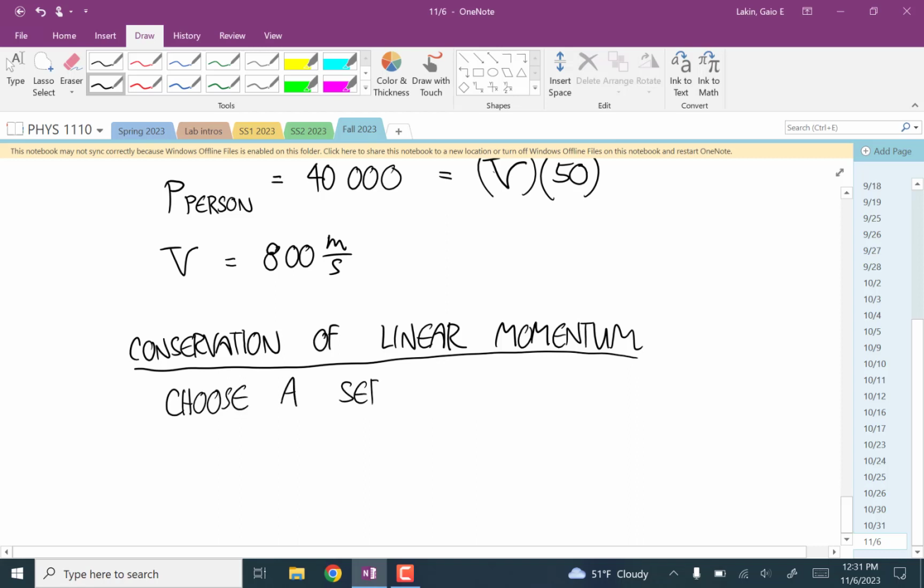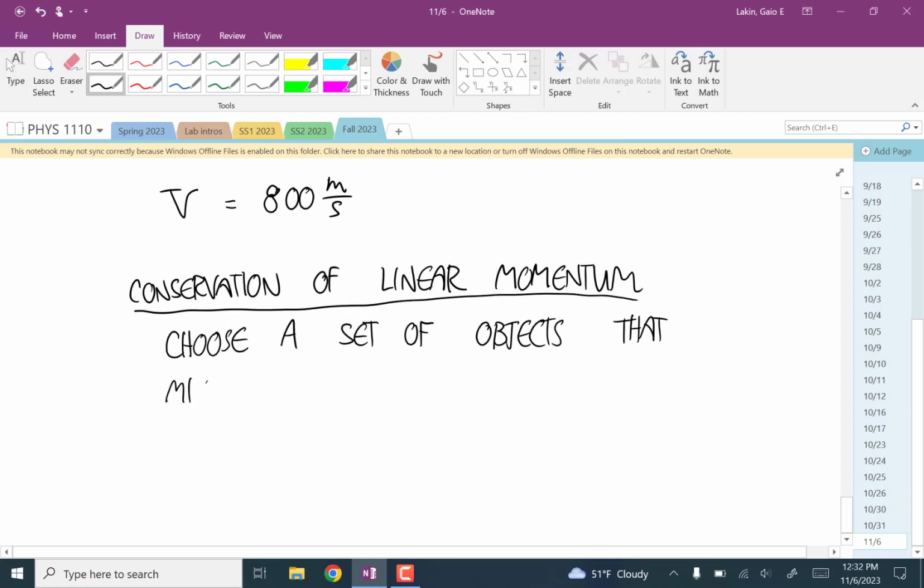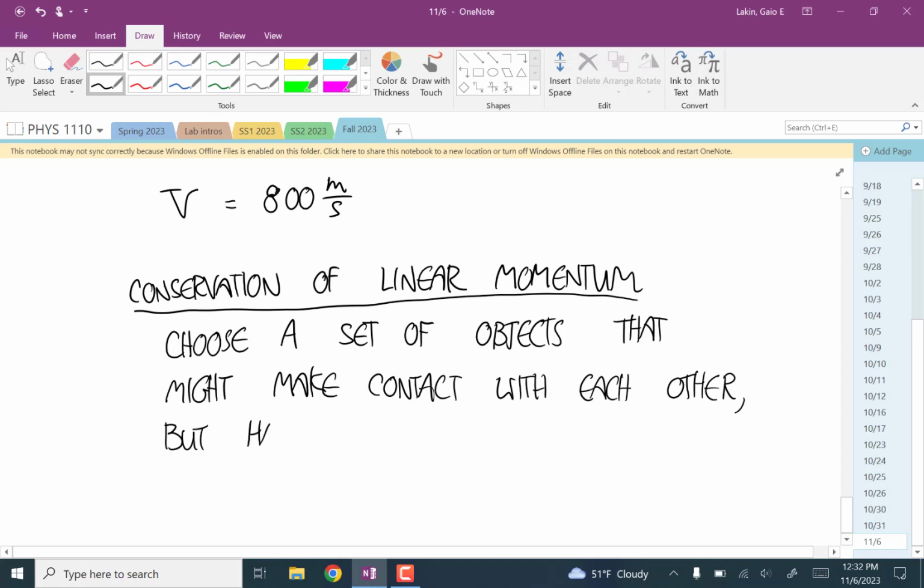Choose a set of objects that might make contact with each other but have no net force applied by the surroundings.